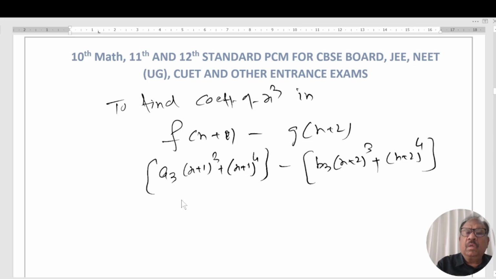Right? Now, coefficient of x cube in this case and in this case.